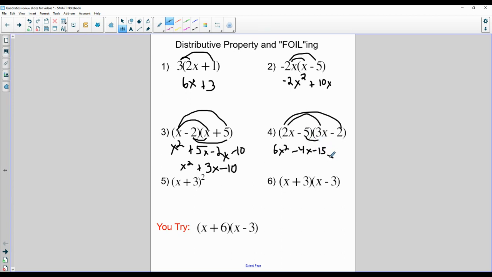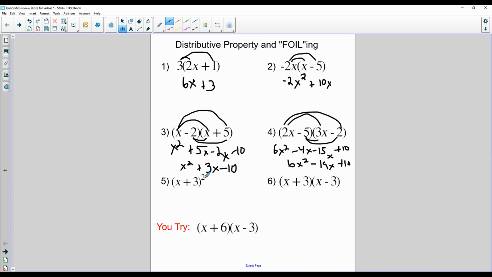And then negative 5 times negative 2 is positive 10. And now we combine our like terms, so we get 6x squared minus 19x plus 10. So again, a linear binomial times a linear binomial multiplies up to a quadratic trinomial.